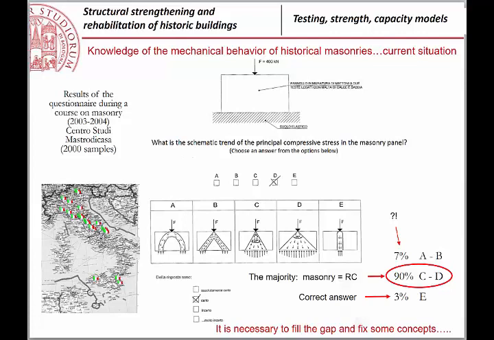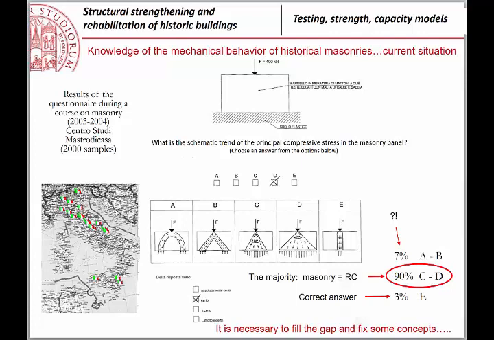In particular, what is quite important is that when we have an existing masonry building, which means, of course, not a new building, the word existing also typically means old.